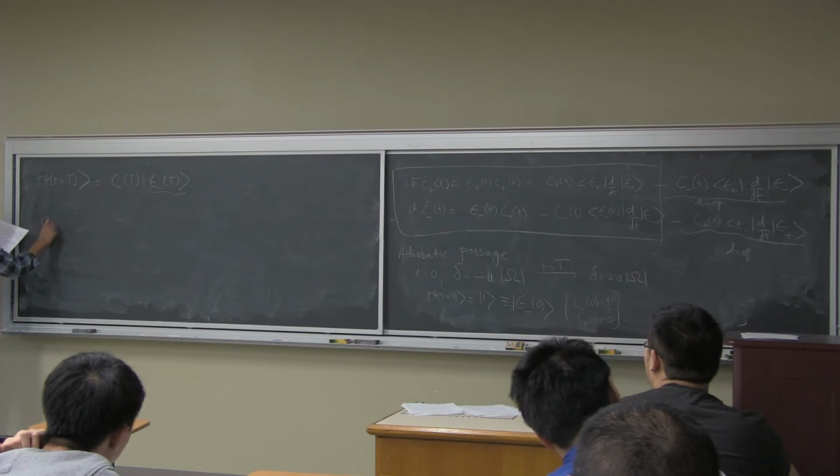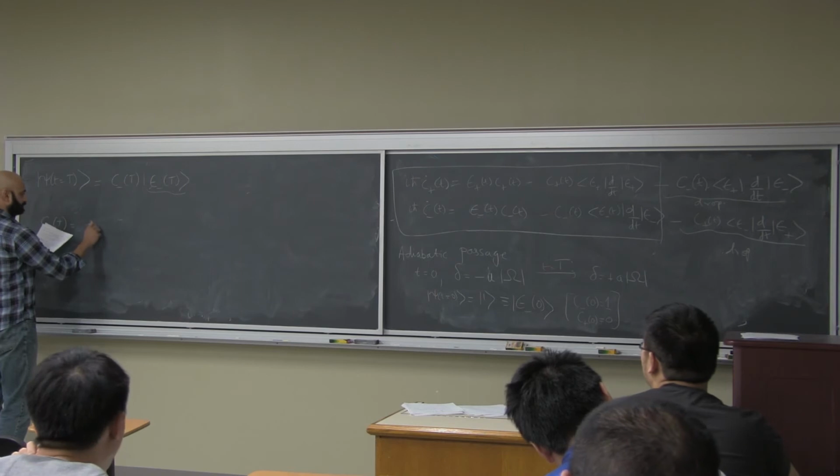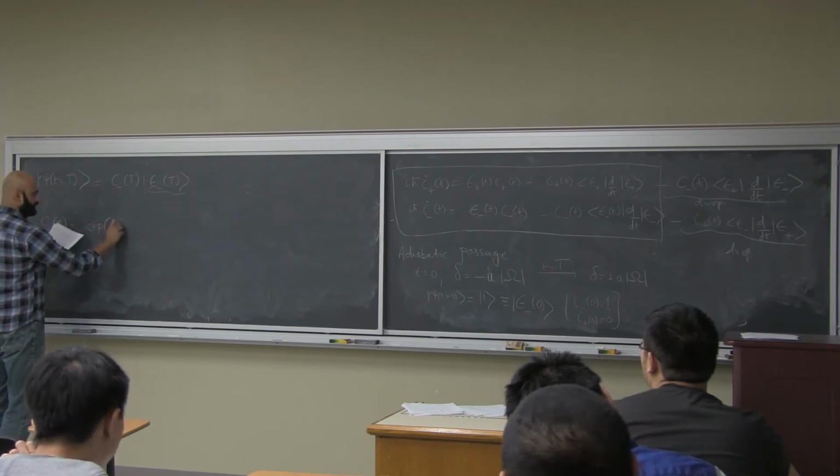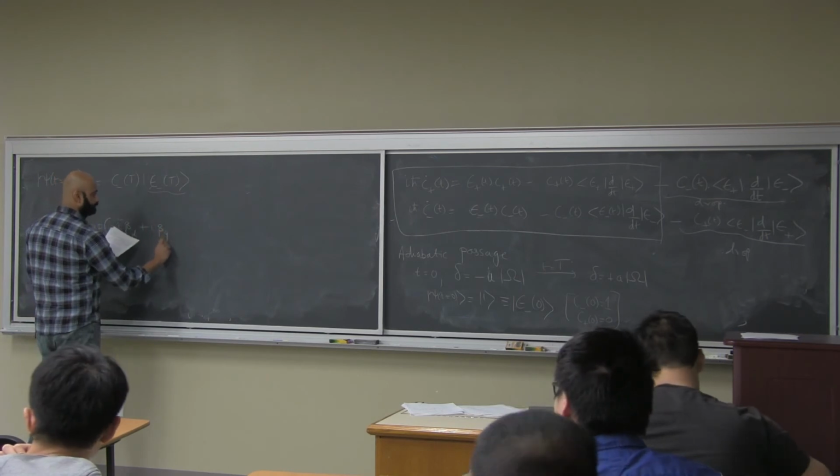And C minus of t then is now exponential minus I beta d plus I beta g.